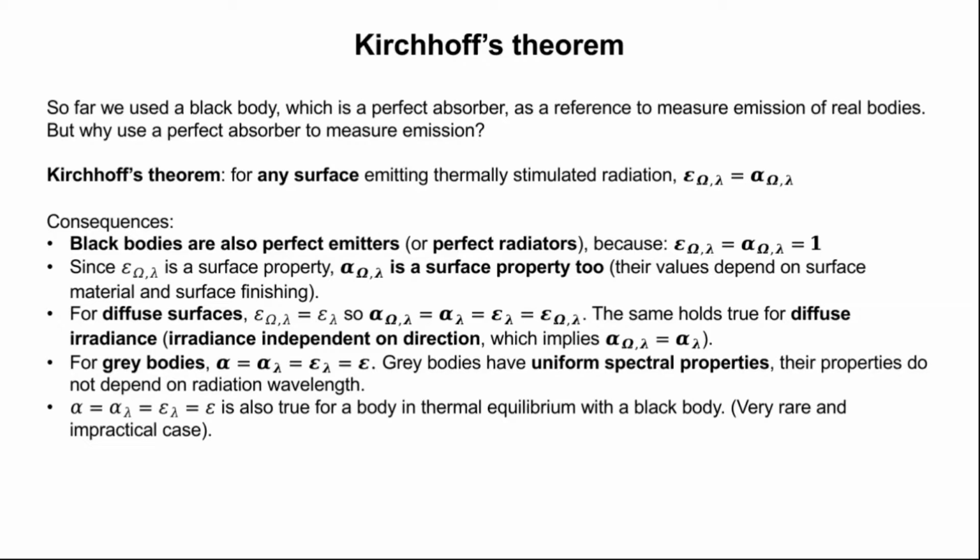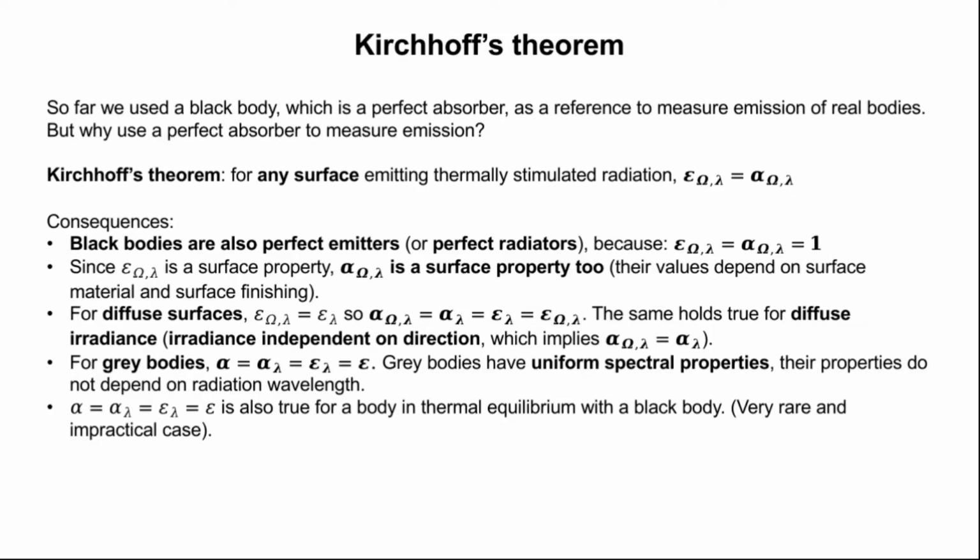This means that, since the directional spectral absorptivity of a black body is equal to 1, its directional spectral emissivity is also equal to 1, which makes it a perfect emitter, or perfect radiator. Kirchhoff's theorem has also other important consequences.